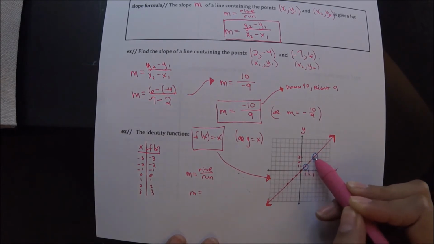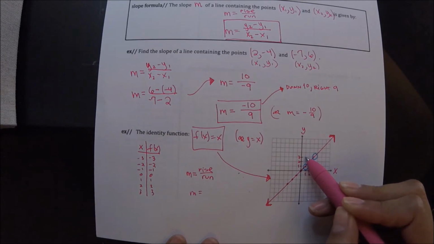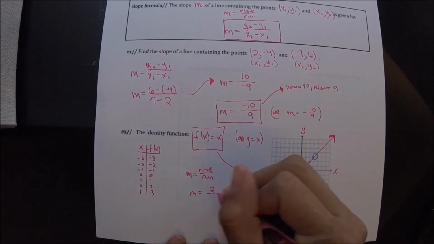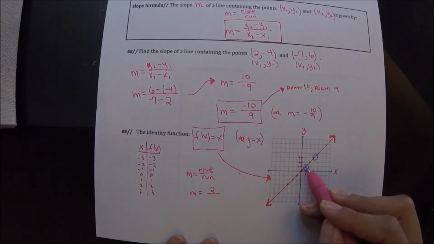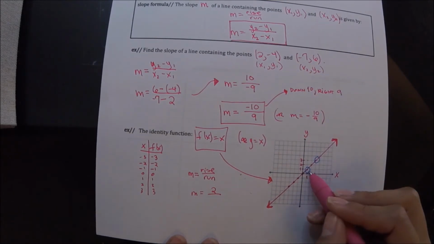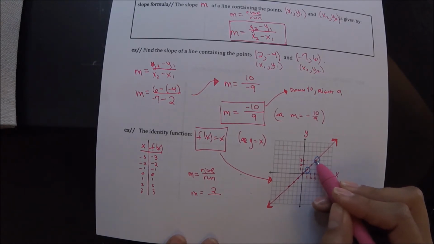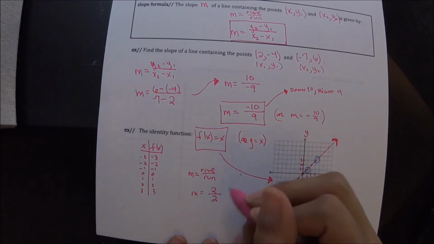So from here to here, it rises, it goes up 1, 2 times. Over, the run means how far is it going left to right, but we're going to go from left to right. So it runs, once we go up 2, we have to go to the right 2, and that's the run.